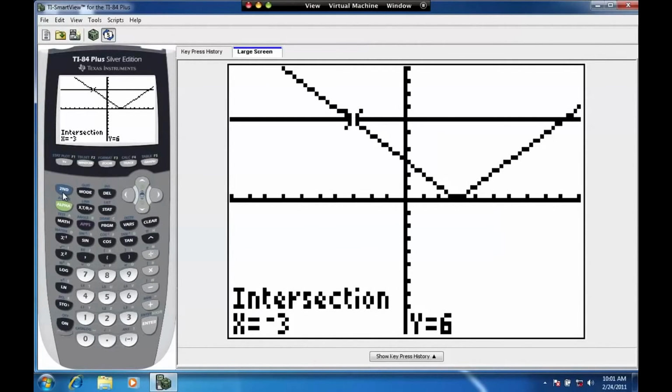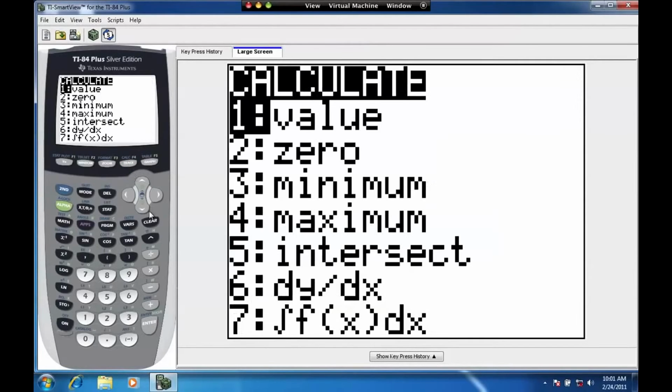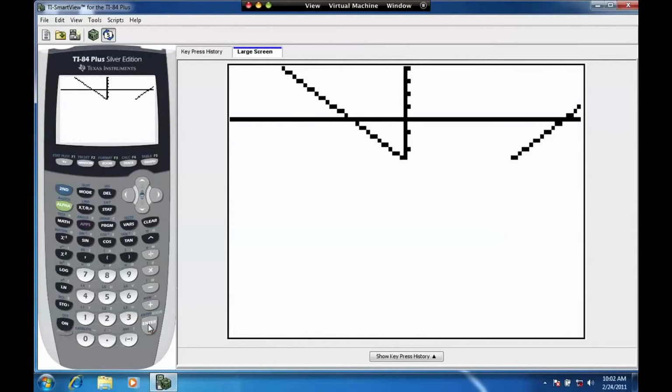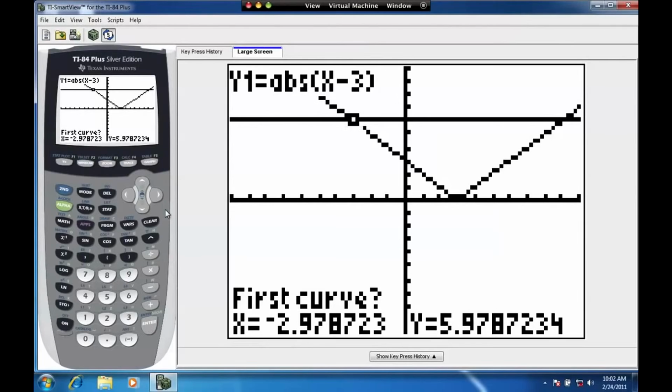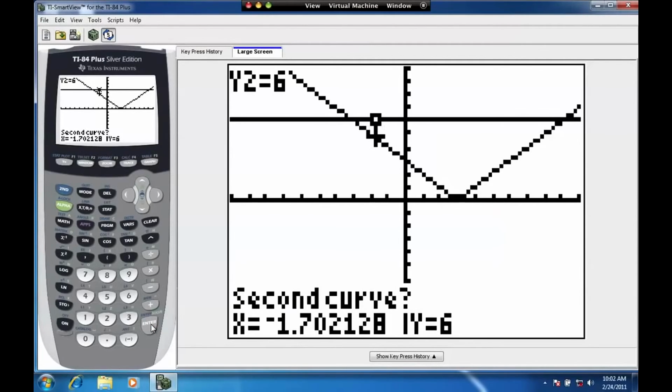To do this for the other point of intersection, we run through the same set of options. Intersect, enter. It asks you for the first curve, so let's make sure we're flashing on the absolute value function, hit enter. Second curve, we're on the line, press enter.